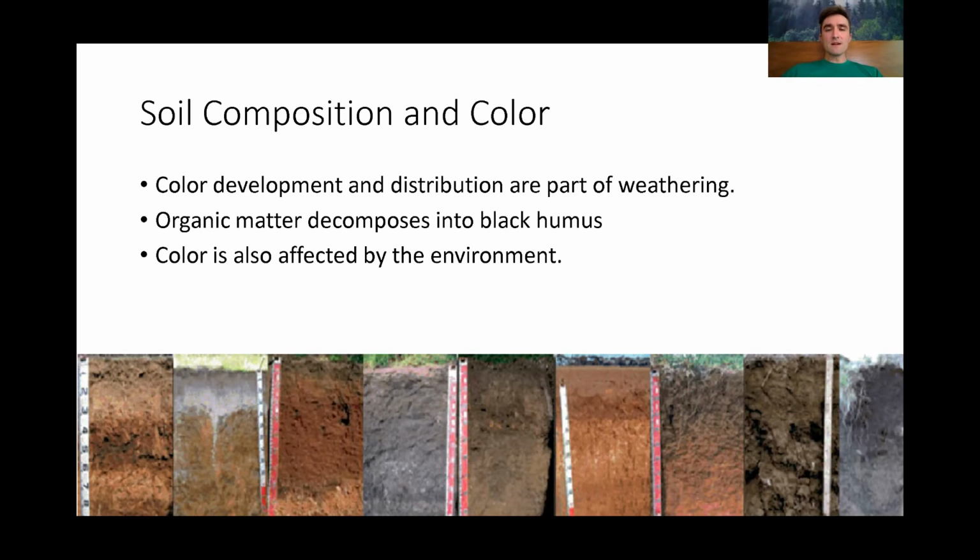And then finally, environmental factors such as water logging or going anaerobic can be seen as a visual representation. If you ever have saturation and no oxygen in your soil, you will see evidence of that in the color.